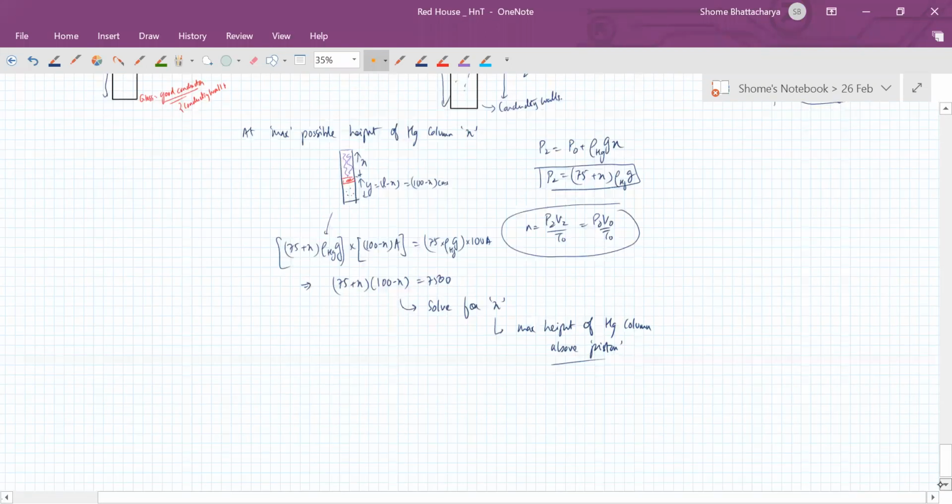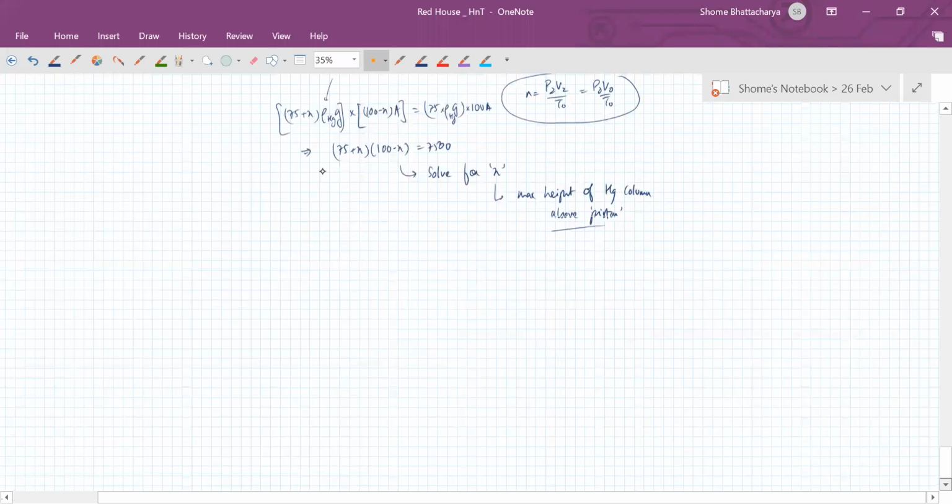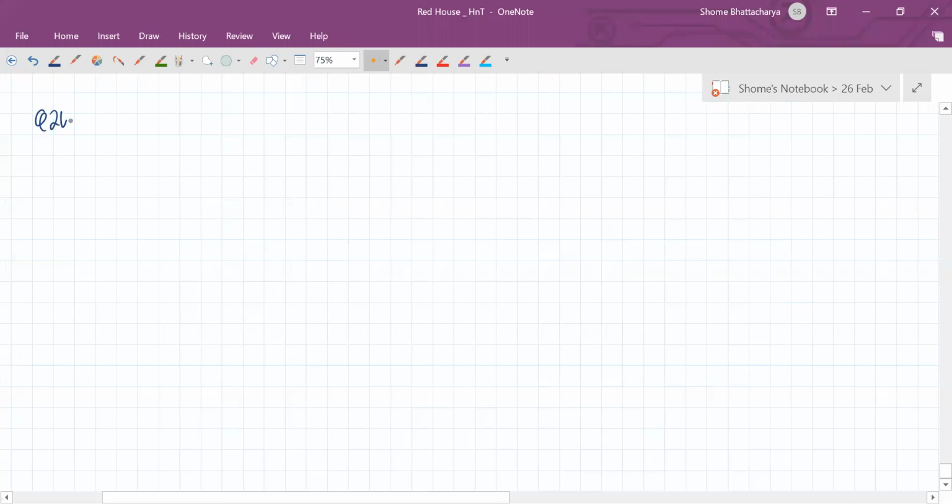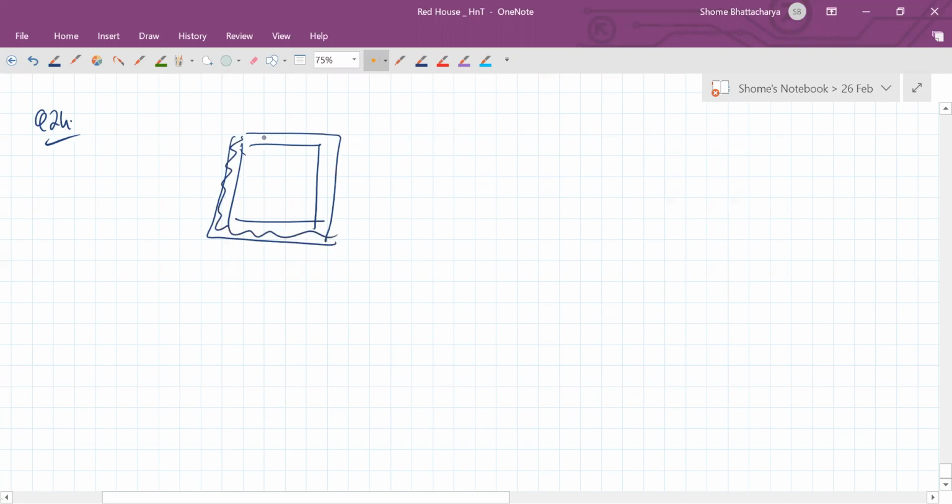Now I'll quickly explain question 24 before we conclude today's session. The same thing, same chapter. Question 24 is like this: we have a container which has a certain volume. So we have a container in which we have kept oxygen gas or something. Now the container has a volume given to us.